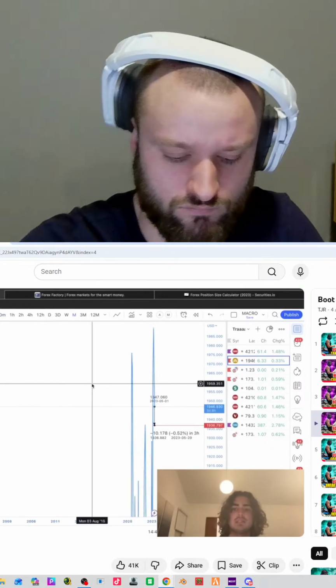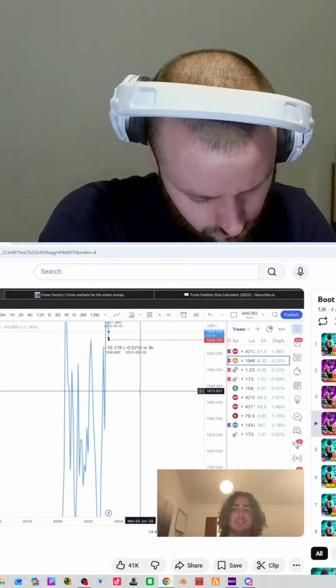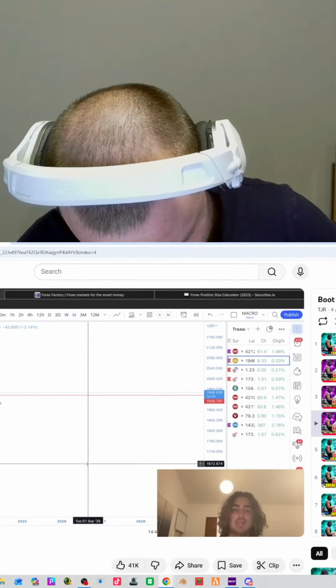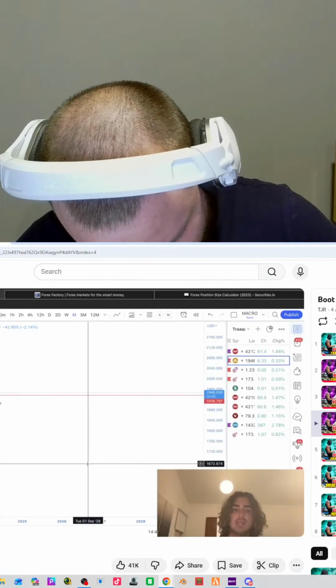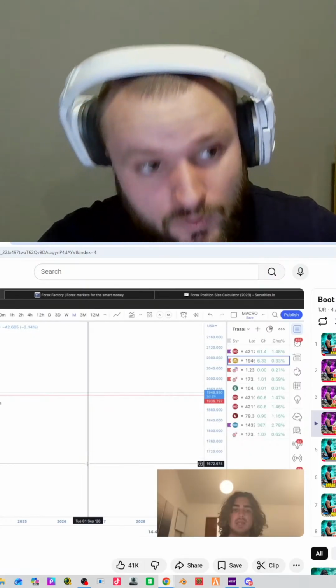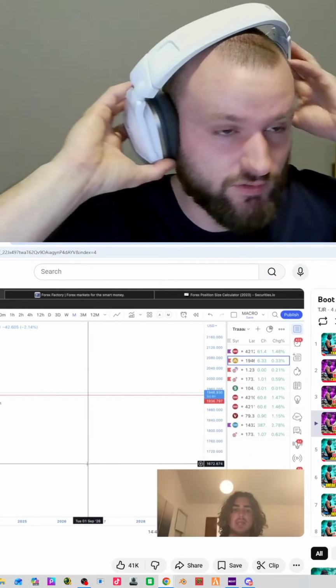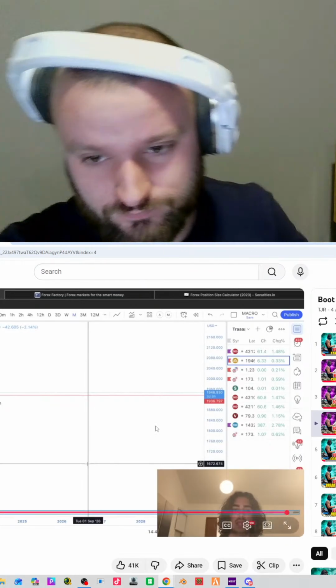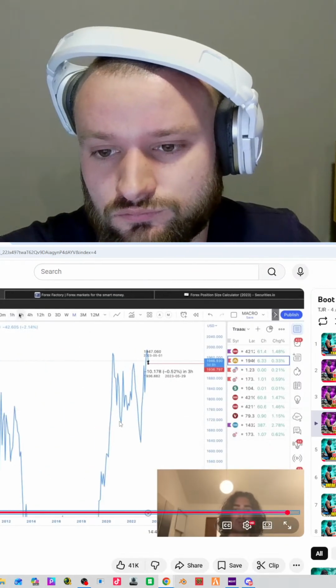Because it's really easy just to scale back on these higher time frames and help understand what direction. That's the whole reason why we're doing the line chart type deal. Literally just look. Where is price going?